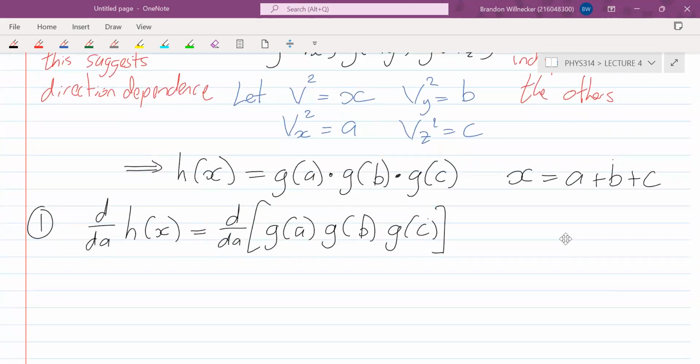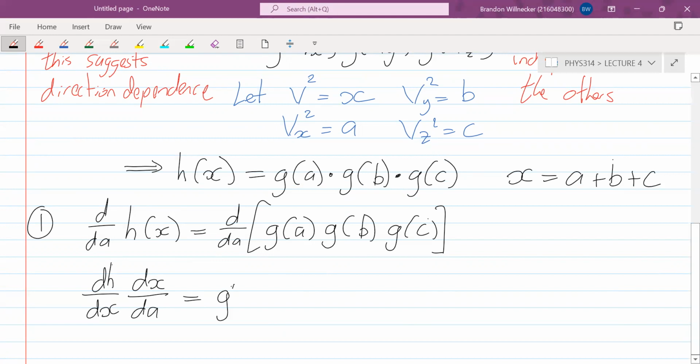Okay, so d by dA of h of x, we're going to need to use the chain rule because h depends on x and x depends on A. So we can write this as dh by dx, dx by dA, and this is equal to d by dA. That only affects the first term.